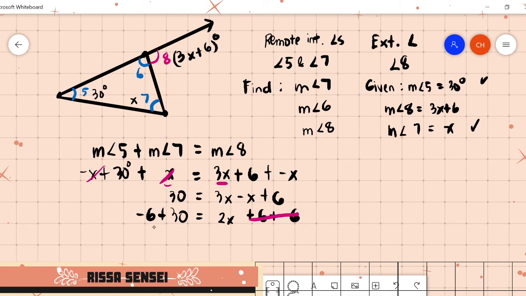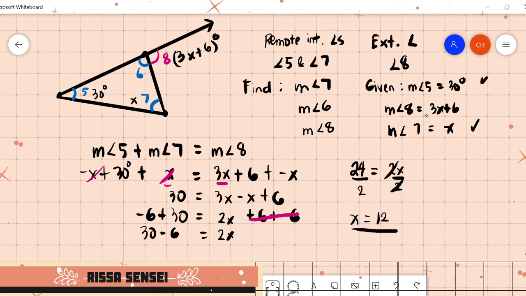Meron tayong 30 minus 6 equals 2x. Now, what is 30 minus 6? That is equal to 24 equals 2x. Then we divide both sides by 2, or by multiplication property of equality, x is equal to 12.